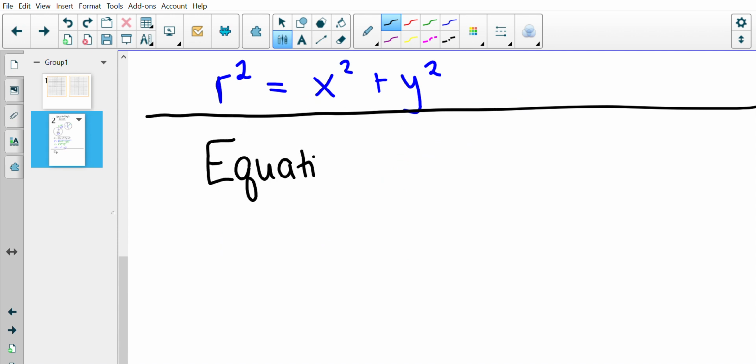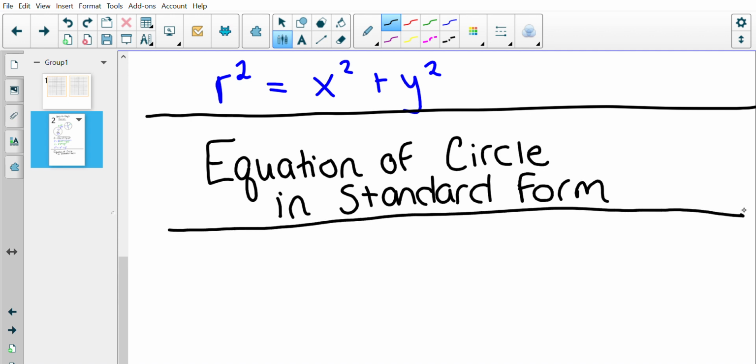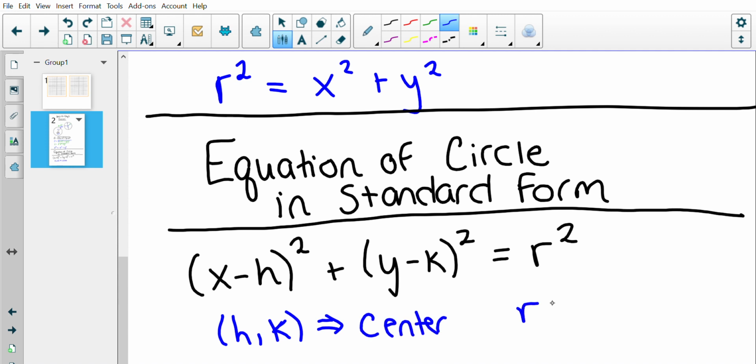Equation of a circle in standard form is going to be represented by x minus h, so the difference of x and h squared, plus the difference of y and k squared, and that's going to equal r squared. h comma k is going to represent the center of our circle, and r will represent the radius.